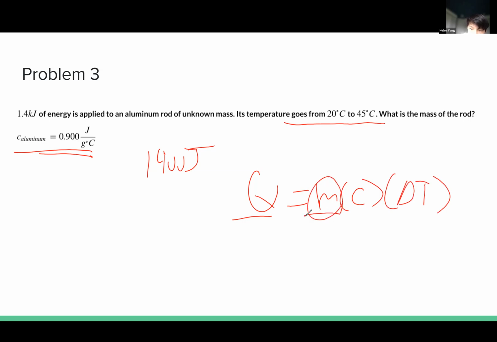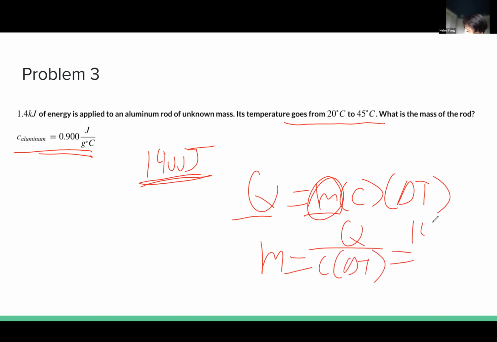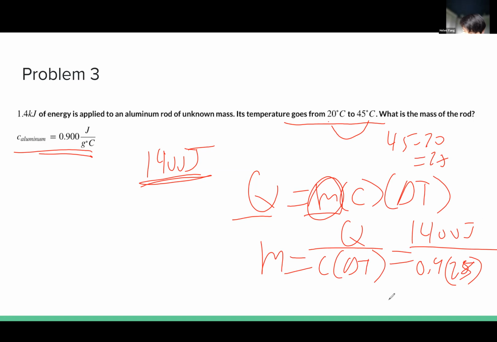We're trying to find the mass, so the mass is equal to the heat over C times the change in temperature. That's 1,400 joules divided by C, which is 0.9, times the change in temperature, which is 45 minus 20, which is 25. And that gives you 22.22 grams.